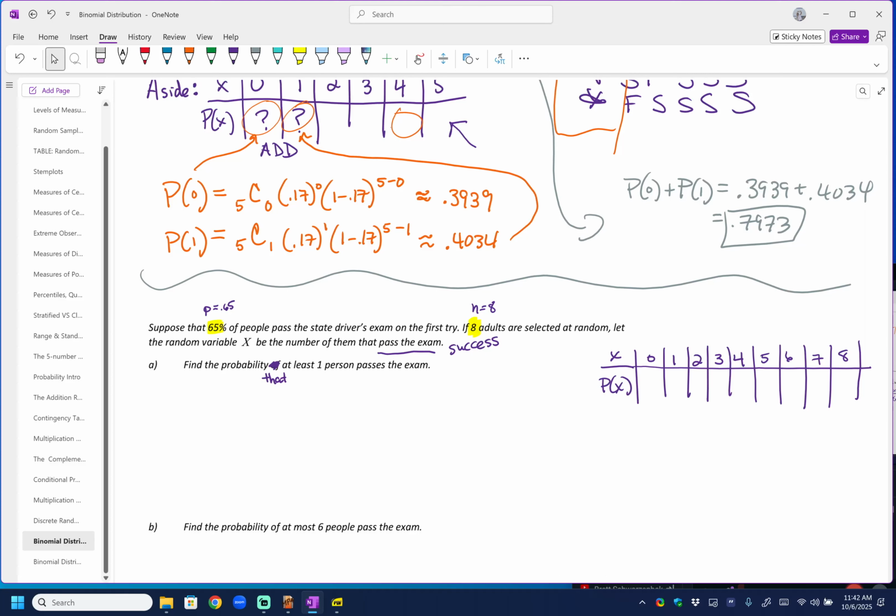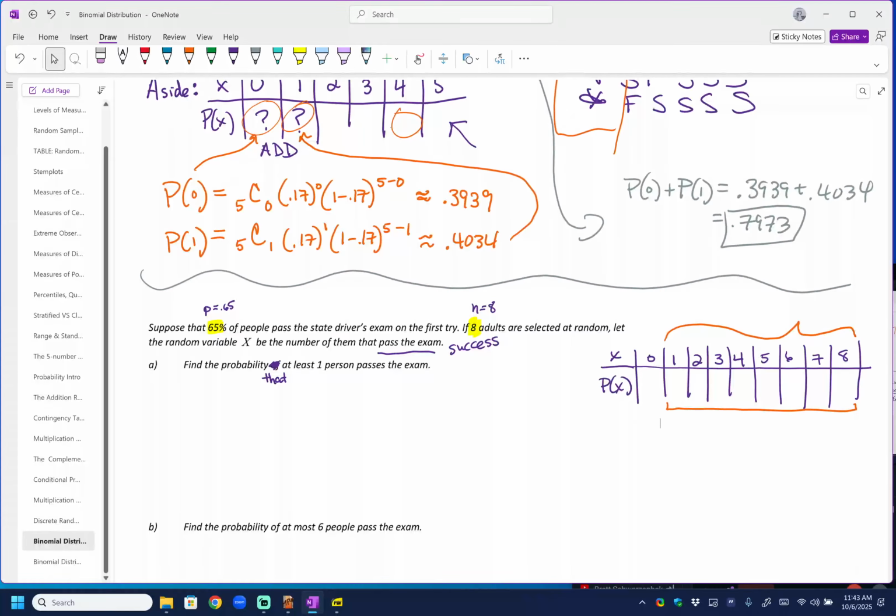So that would generate a probability distribution that would span these values right here. If we're particularly looking for the probability that at least one of them passed the exam, that implies one or more. So our goal in this is literally to find the sum of all of these probabilities.